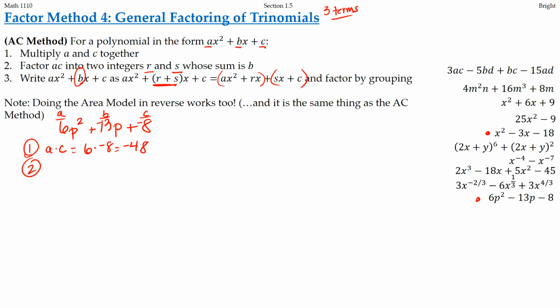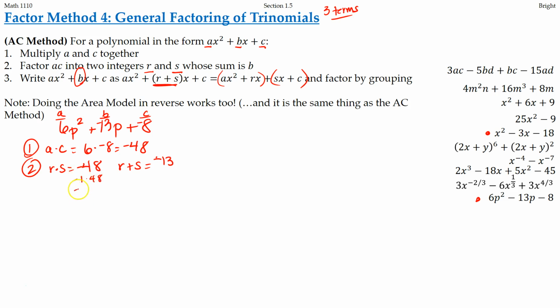So R times S is equal to negative 48, but R plus S is equal to negative 13. This is where sometimes you have to literally try things. How does 48 factor? There's 1 and 48, and one of those has to be negative.